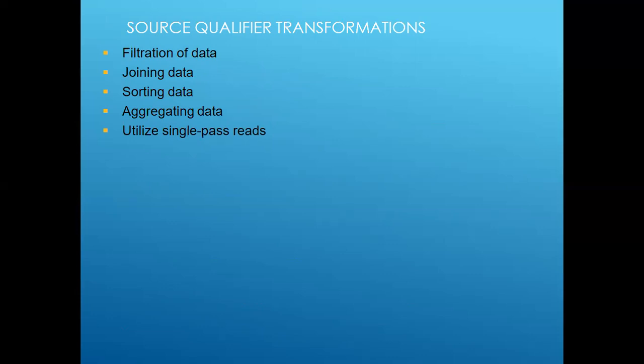And single pass read, if you want to read something from the source, you can read it and join everything in Source Qualifier. So it eliminates the use of filter, joiner, sorter, aggregator, a lot of transformations. Everything can be done in Source Qualifier. So if it is a homogeneous source, you should try out these options in Source Qualifier, so that you don't need to use unnecessary transformations in the pipeline.